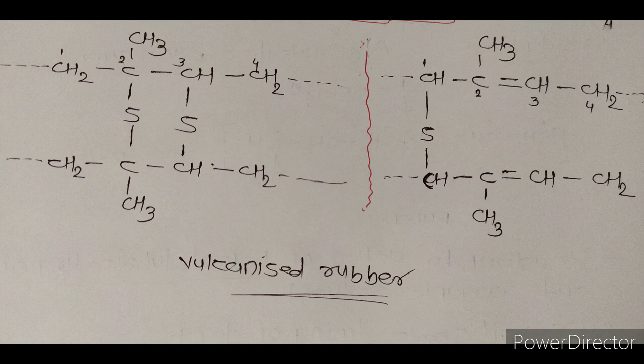For the second structure of vulcanized rubber, once again take 2-methyl-1,3-butadiene monomer, in which all the double bonds are converting into single bonds, while the single bonds are converting into double bonds, meaning a double bond is formed between the second and third carbon. Now the reactive sites, that means CH2 of both monomers, are joined by sulfur with elimination of H2 molecule, meaning we have to remove hydrogen from the CH2 group of both monomers, and both monomers are joined by sulfur.